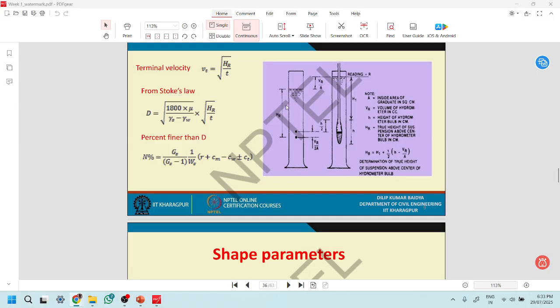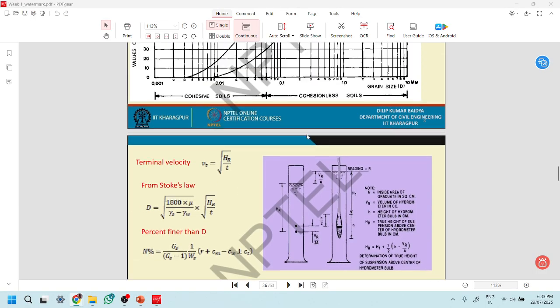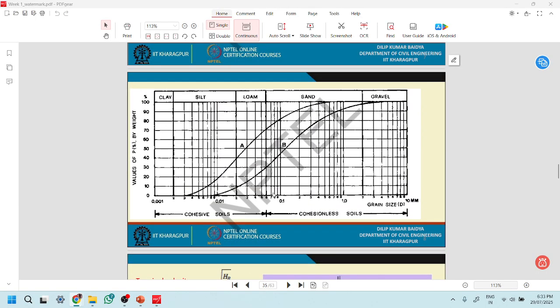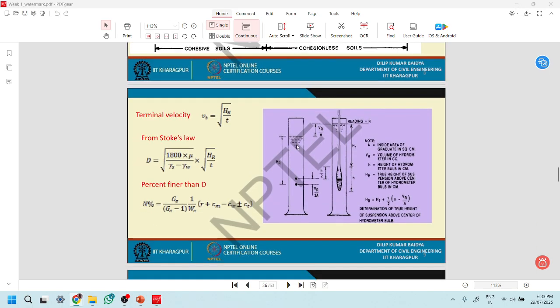When we want to calculate the percentage of particles of different diameters, here we cannot use a sieve because the particles are very small and they have this tendency to coagulate and flocculate, and we cannot know the true size.